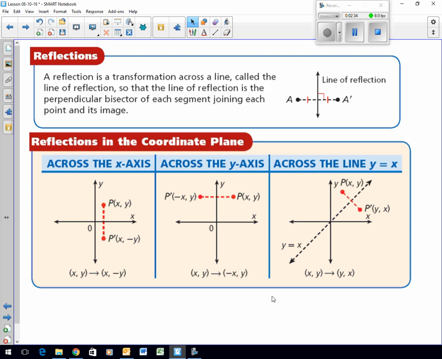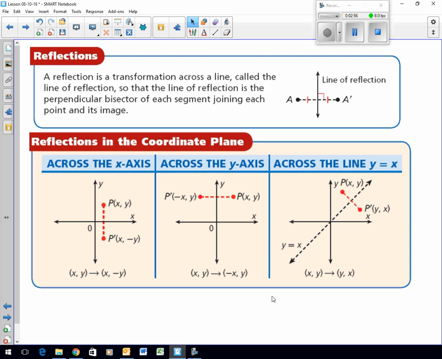Okay? And instead of saying positive, negative, negative, positive, I say the opposite. We have y, and we have the opposite of y, which is negative y. Or we have negative y, we have the opposite of negative y, which is positive y.